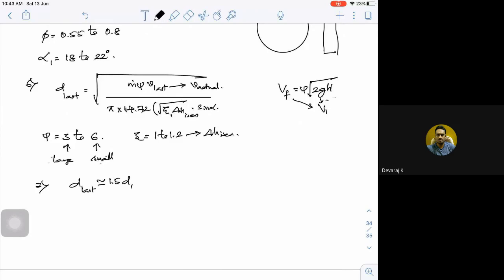Why is this expanding? Because of the specific volume. What happens in the case of a compressor? It is exactly opposite. So here the pressure is expanding, so I should have a diverging shape of the nozzles.